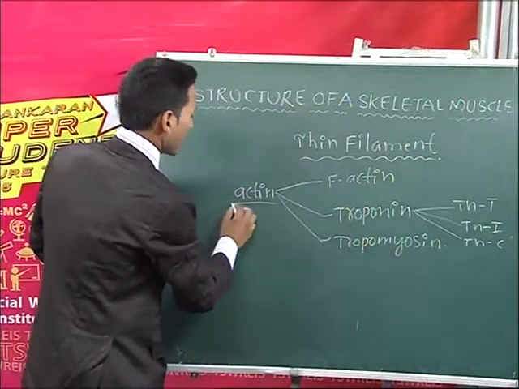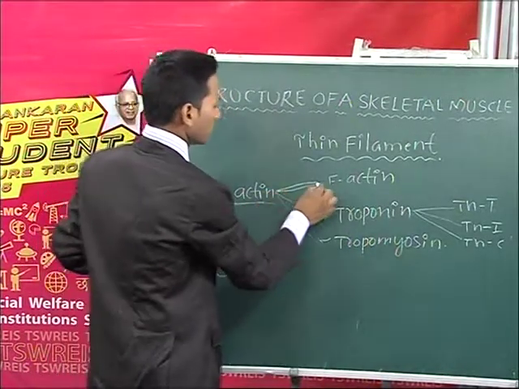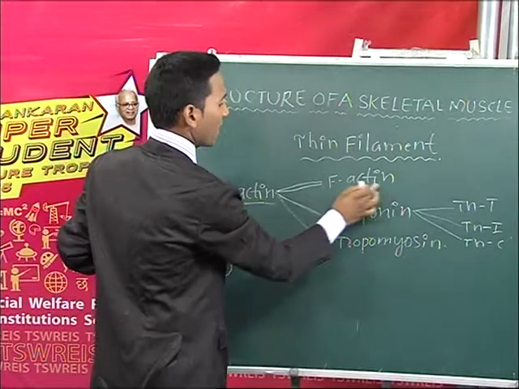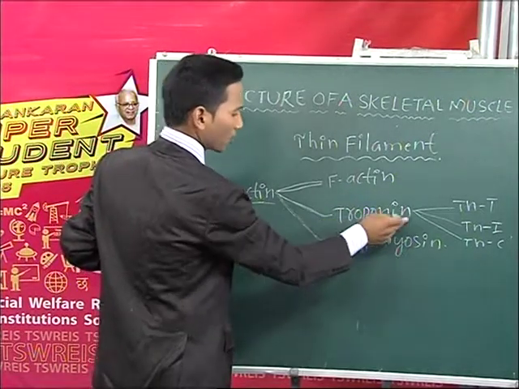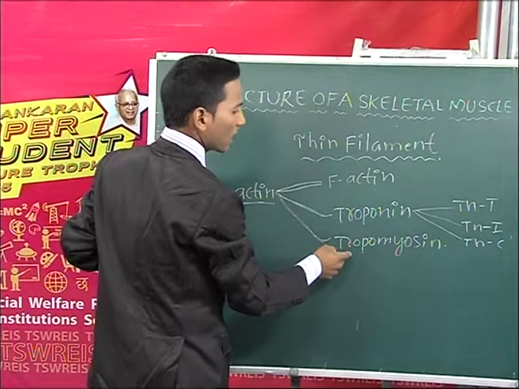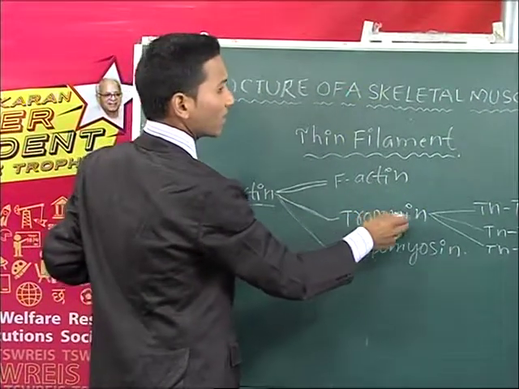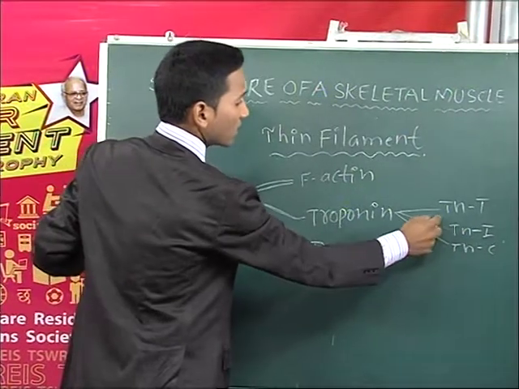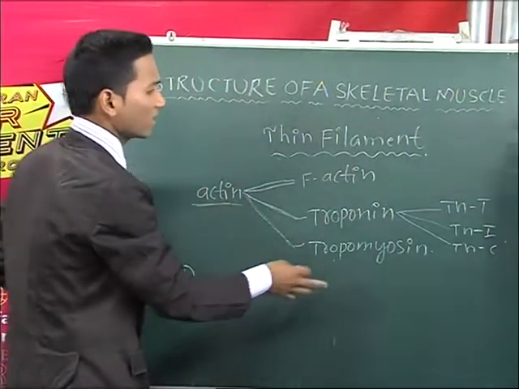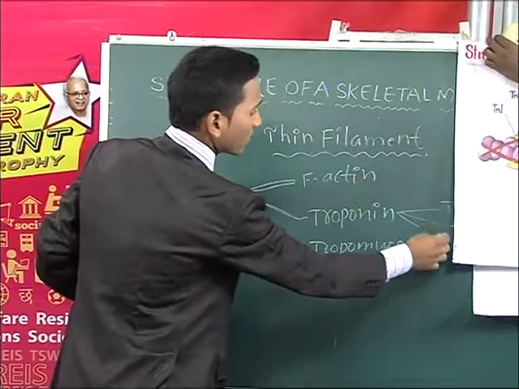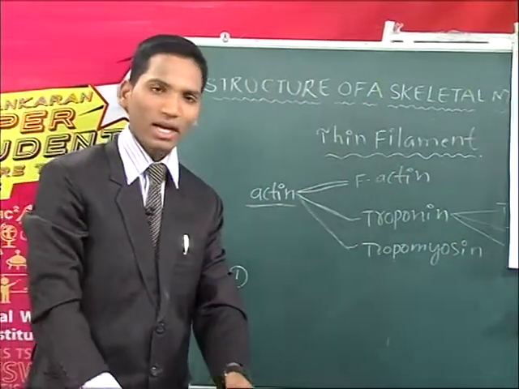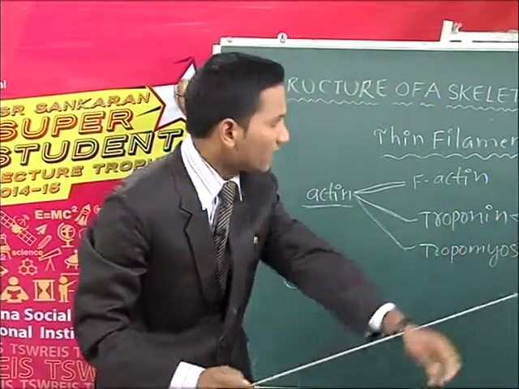So this thin filament is made up of 3 types: one is the F actin, the next one is the troponin, and the next one is the tropomyosin. This troponin is made up of 3 polypeptides: TNT, TNI, and TNC. Let us see in the diagram.